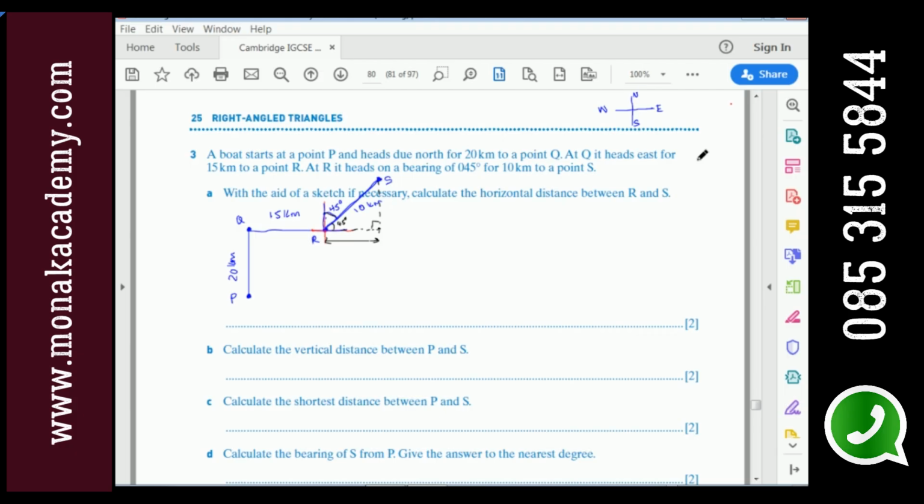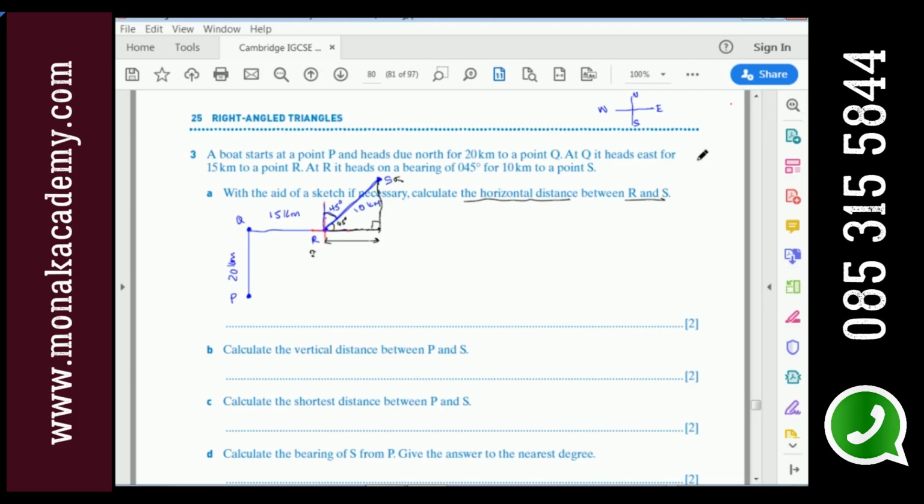We have to get this. Calculate the horizontal distance between R and S. Look where our S is. Look where our R is. How did I end up with the horizontal distance? I extended this line and extended a vertical line from S.